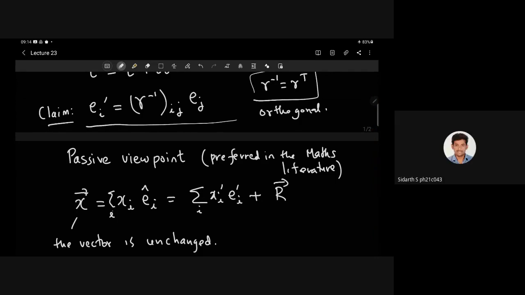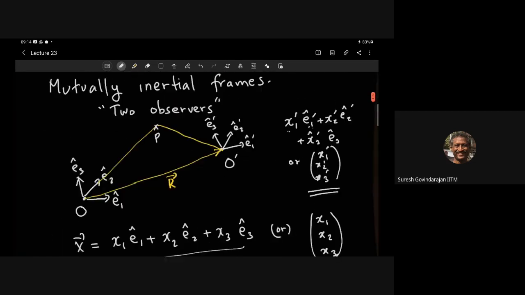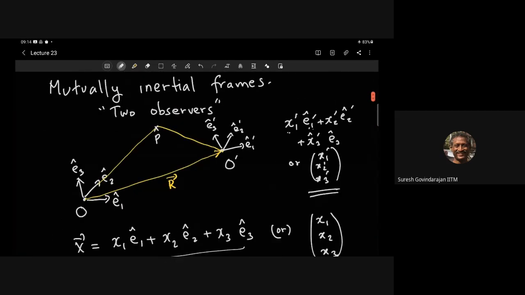Sir, is x the position of a random point? Yeah, so there is a point. So let's look at this picture. In frame A, the origin is O, and the axes are e1 prime, e2 prime. It's a global frame. That's a point P. I picked that point.